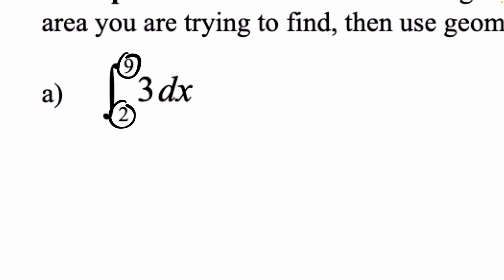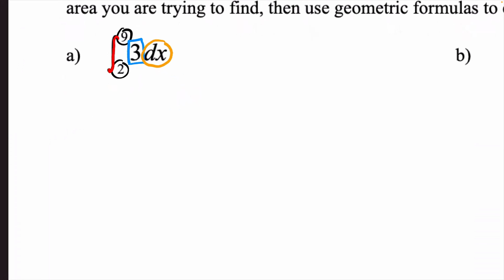The function is 3, and then you know what the dx part is, the width, right? So we need a graph. What is the graph going to go from? What number to what number? 2 to 9.